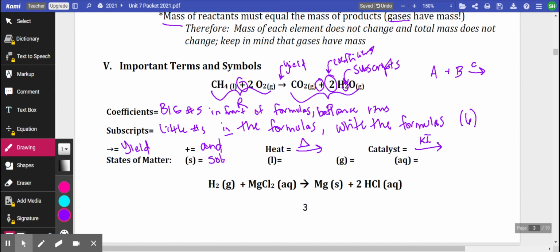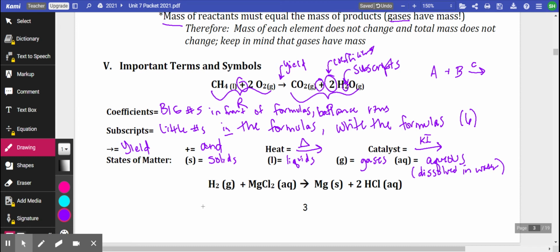We'll add in states of matter. So we have solids, liquids, gases, and then aq stands for aqueous, which just means it is dissolved in water. Okay.